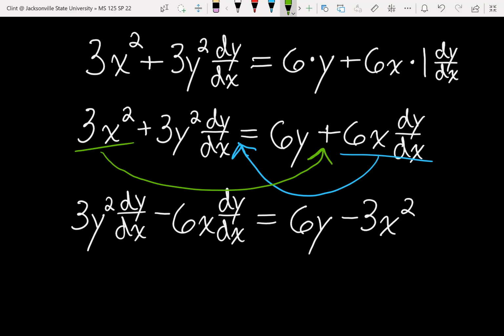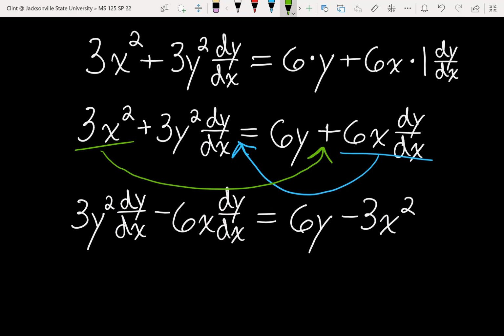But right now, the problem is if we try to divide by one of those, then it makes the other one more complicated. We've got one step before we can do that cleanly, and that's that we have a common factor of dy dx in both terms. So we factor out a dy dx.